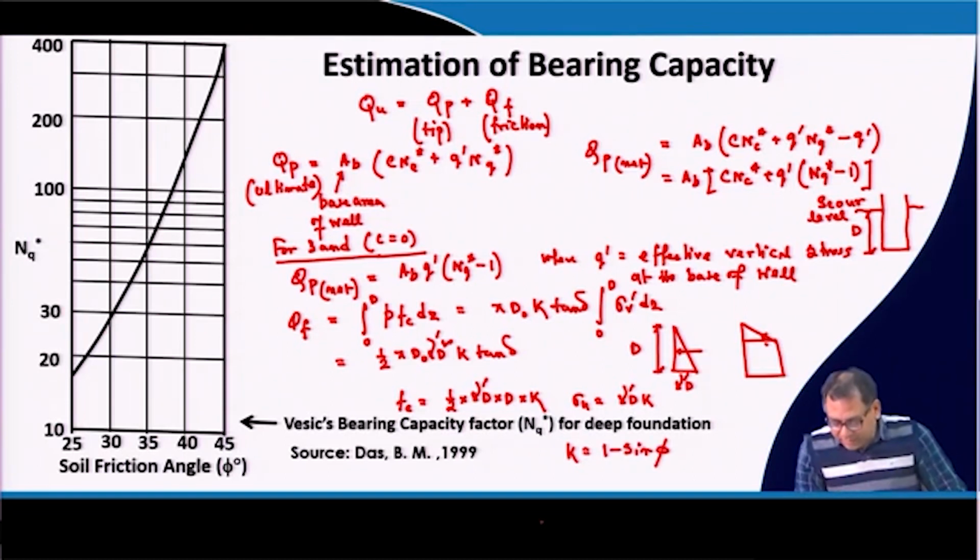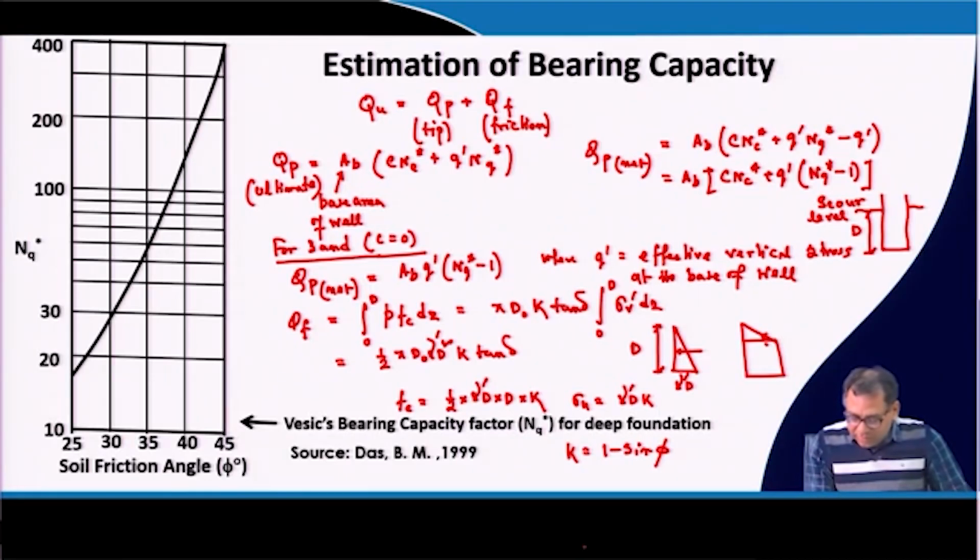Okay. And then delta we can take as 2/3 of phi for this particular case if no information is given. Otherwise, I have discussed what will be the delta for concrete under different conditions during the pile foundation, that delta also you can consider.